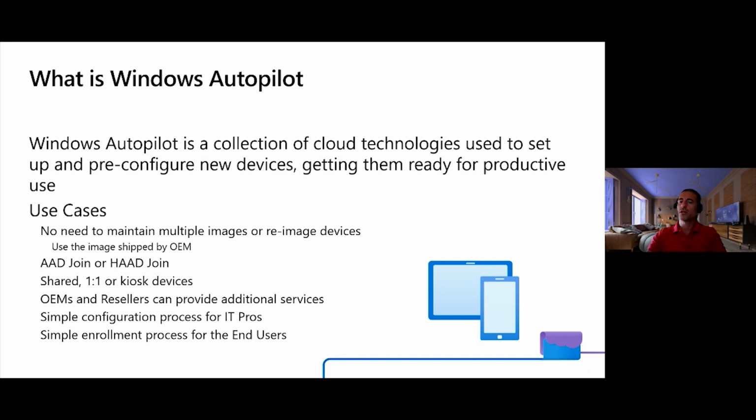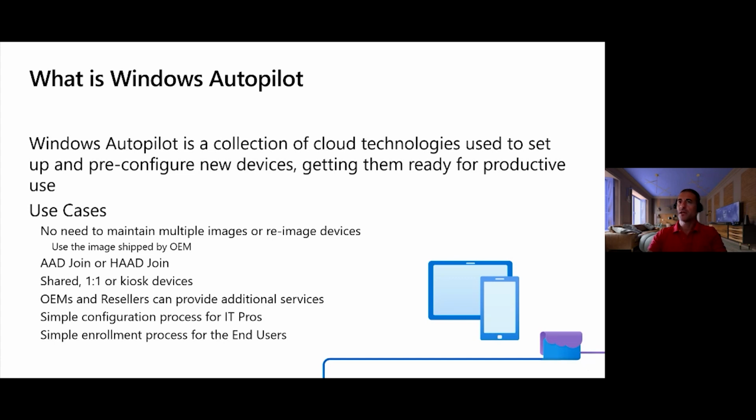Windows Autopilot also covers the shared device scenario, which is pretty common for early grades, as well as the scenario where devices are assigned directly to a specific student, or what we used to call one-to-one. And finally, a scenario where devices are designed for single purpose, like kiosk devices.